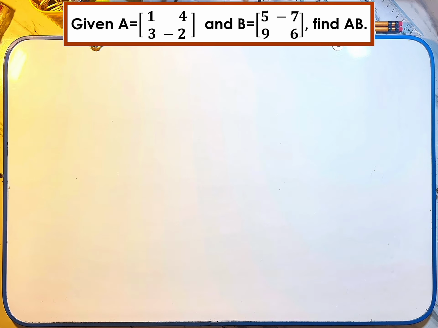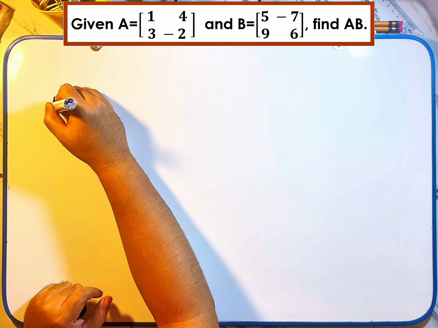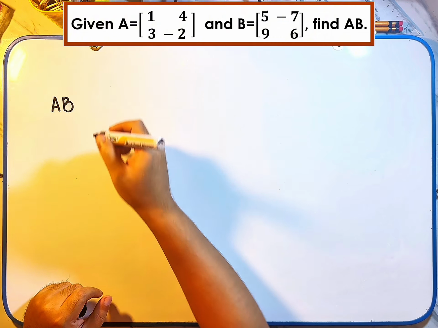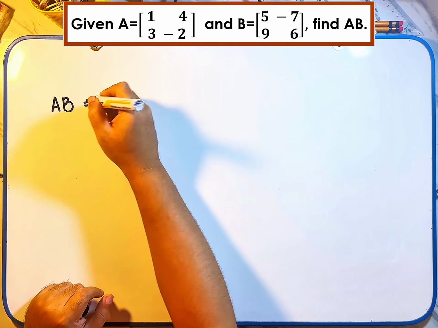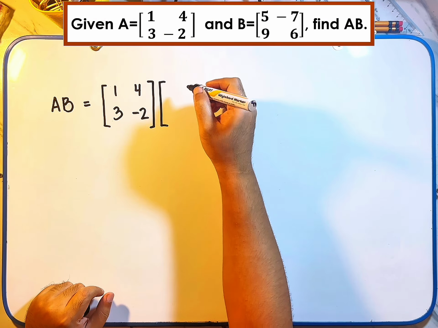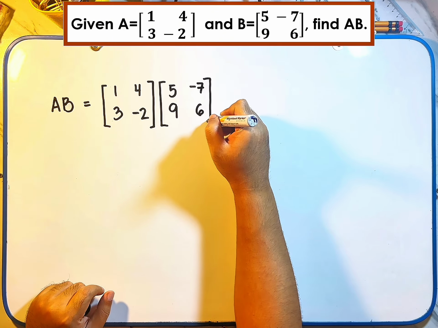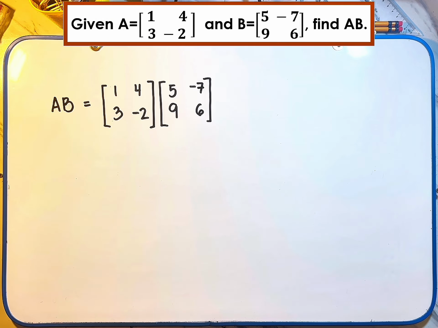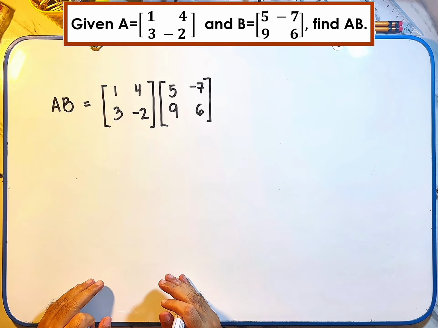Given the following matrices, find the product A times B. Okay, so we need to solve for the product matrix A times matrix B. But before solving, let's confirm first whether A and B can be multiplied to each other.